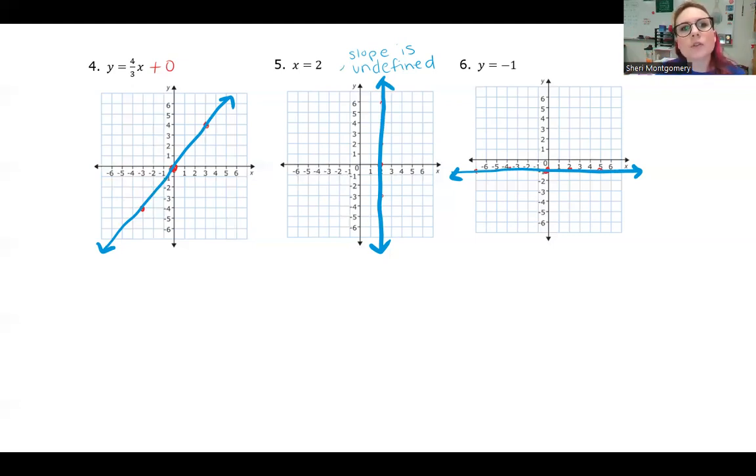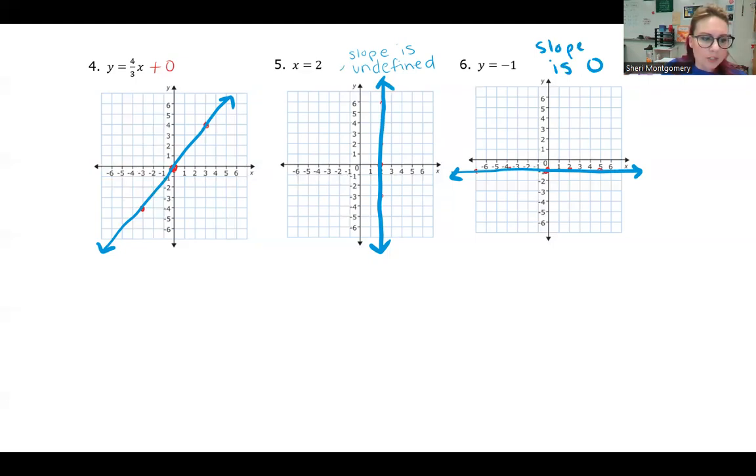Nothing. So this one is 0. So the slope for this one, slope is 0. So there's a difference in having an undefined slope and a 0 slope.